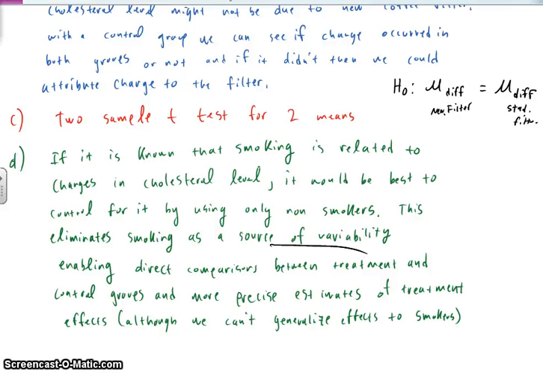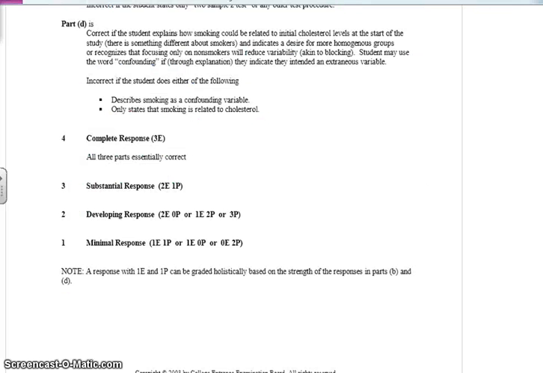So let's look at the rubric and see what exactly they were looking for. Okay, and so we can see here on the rubric that the response is correct if the student explains how smoking could be related to initial cholesterol levels at the start of the study, indicating that there is something different about the smokers. You could indicate a desire for more homogeneous groups, or say that we reduce the variability in the response.